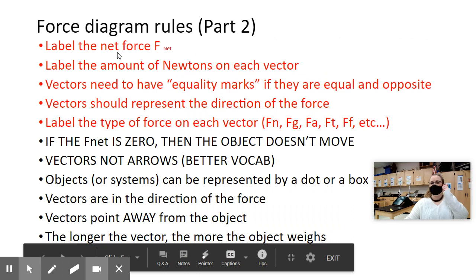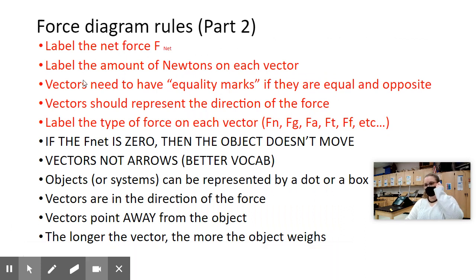All right, so you guys already have what's in red here. So we're just adding to it. So if the net force is 0, we know that the object is not moving, right? Cat's not going to move if my net force is 0. We're going to be using the term vectors. You don't necessarily need to write the word arrows, better vocab. You can just write vectors or use the word vectors.